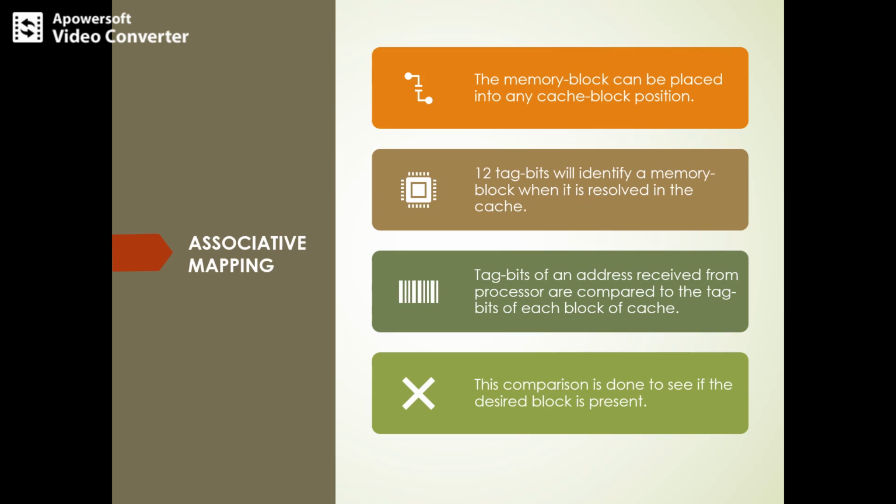The major drawback of direct mapping is the contention problem. We have to overcome this contention problem, that means many blocks are trying to map to a single block within the cache.